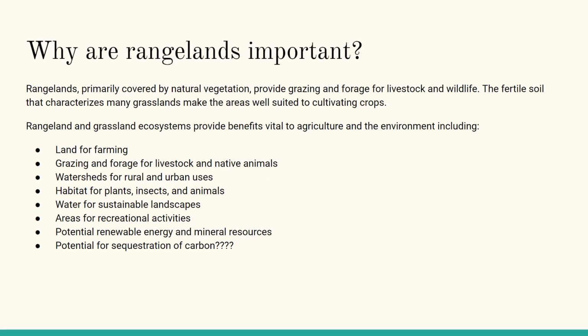Rangelands are important for a lot of different reasons. They are mostly covered by natural vegetation, and that vegetation provides a food source for livestock and wildlife species. The soil found on rangelands is fertile for the most part, and it has quite a bit of biotic components to it.